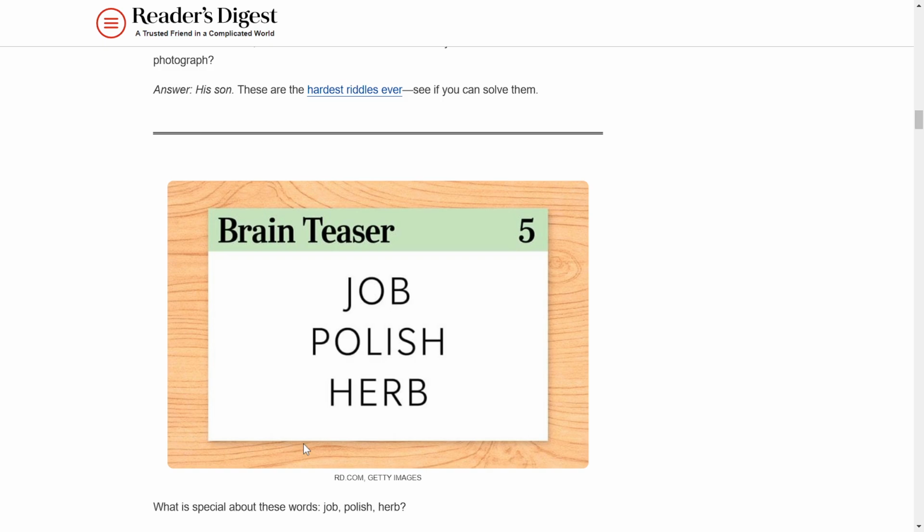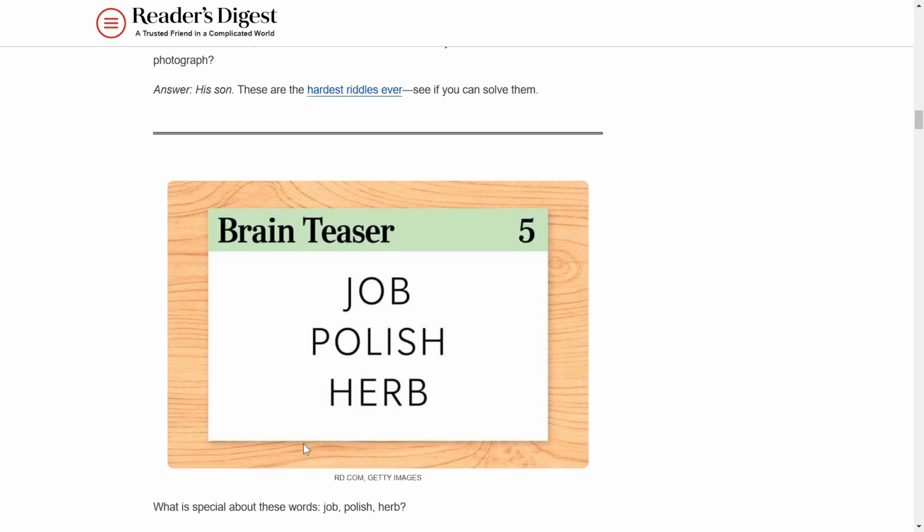Polish ends with the letter H and herb starts with the letter H. I know that drop and polish have the letter O in common. Polish and herb have the letter H in common, only the letter H. Drop and herb have the letter R in common, so each of them has only one letter in common. But is that really it?